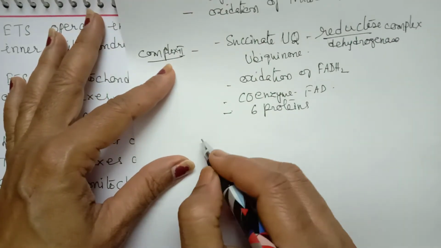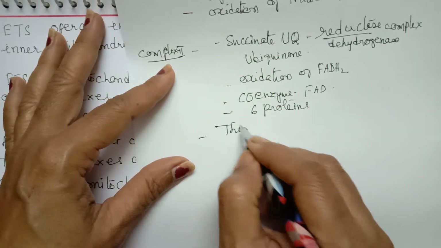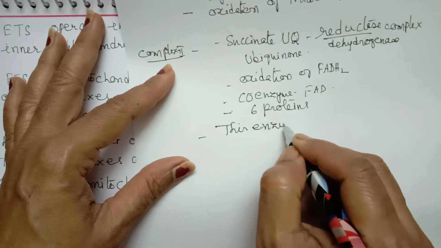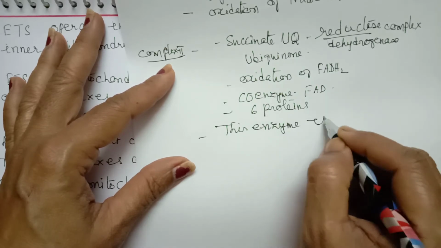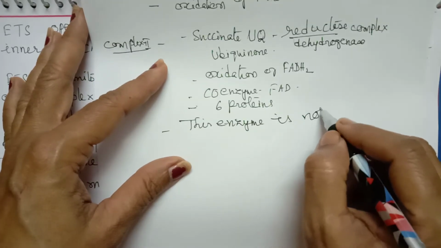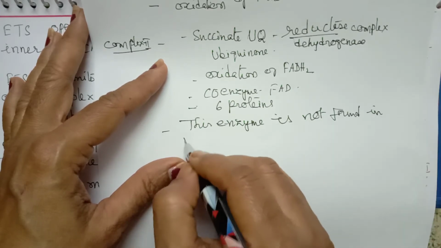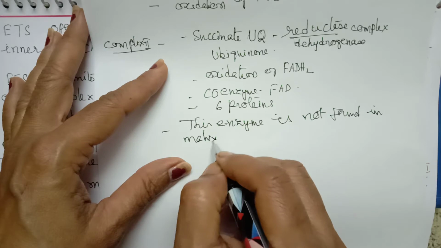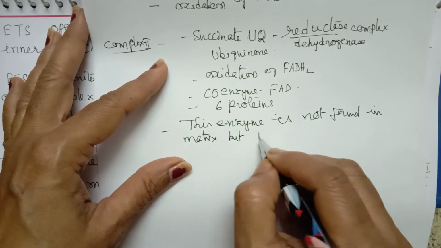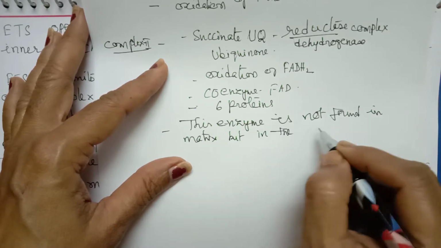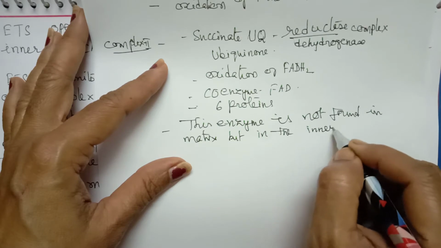So, the main feature of this enzyme is that it is not found in matrix, but in the inner mitochondrial membrane.